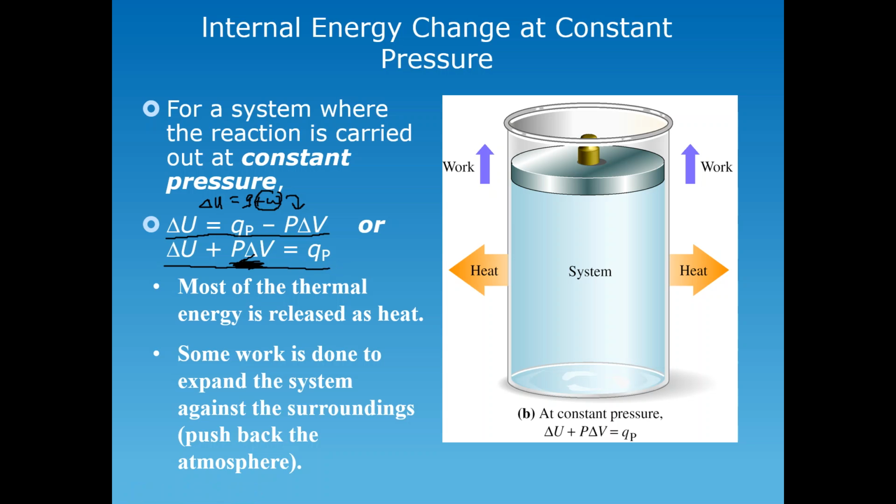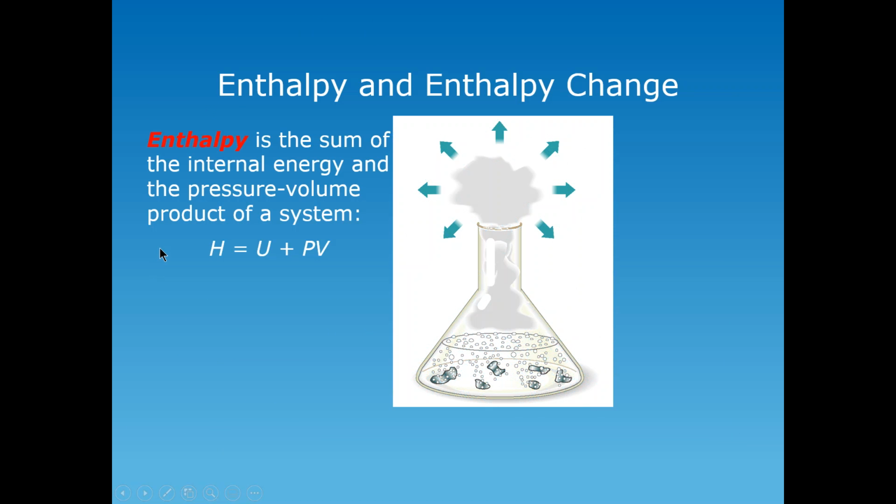That change would be in part due to the change in internal energy and also in part due to expansion against the surroundings by the system, right? Most of the thermal energy that would be released in this process will be released as heat, right? But some work will be done to expand against the surroundings. So that's what we can gain from that equation.